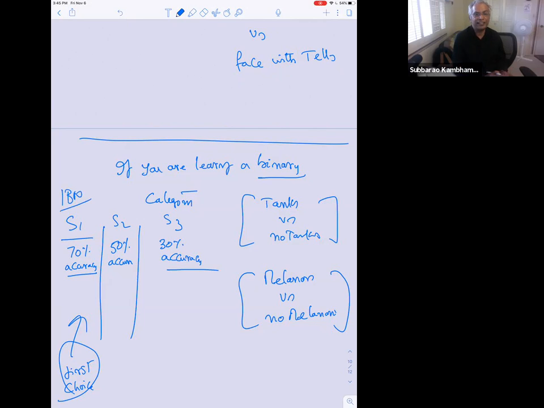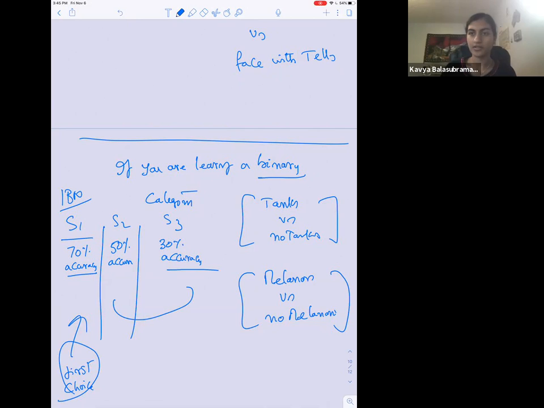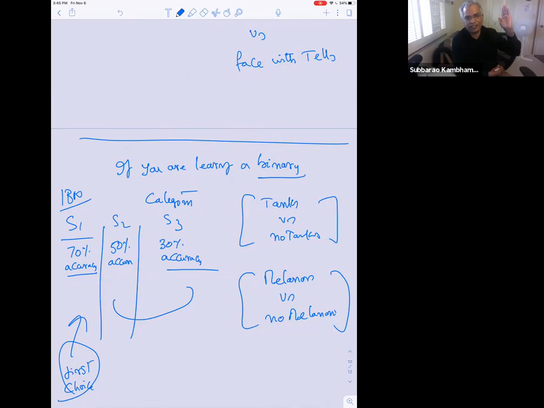So you can't afford it. So then you have to pick one of these other two. Which is the second best system? The second one. How many of you think it is the second one, the 50% accuracy one? How many of you think it's the third one, the 30% accuracy one?